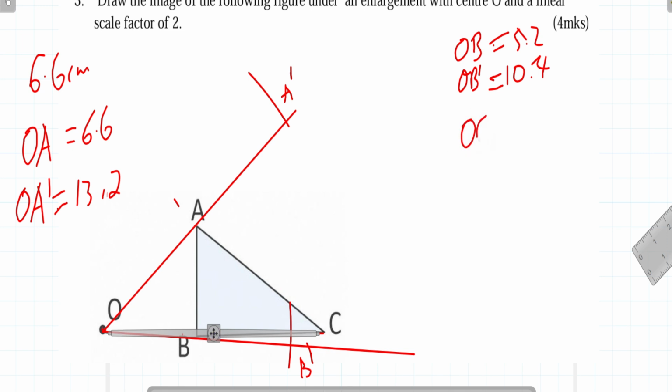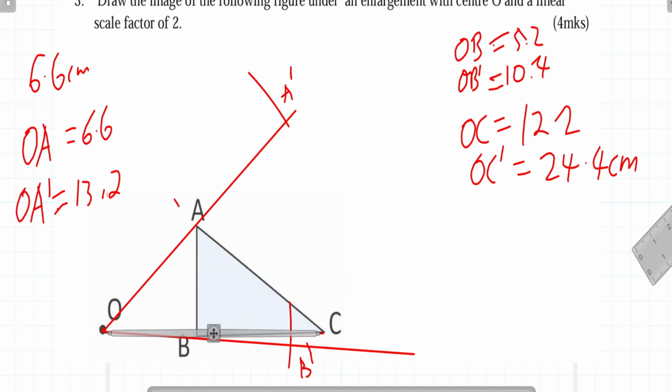So OC is 12.2. OC times 2, times 2 will be 24.4. So from O to C prime is 24.4.